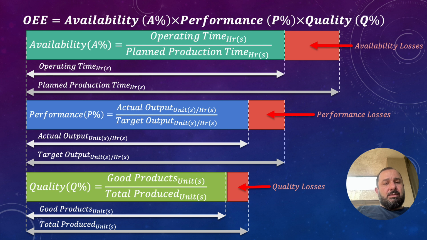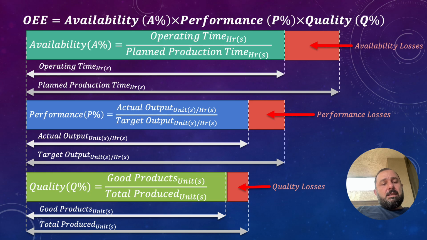All this affects performance. Coming down to quality, within this actual output that has come, in doing actual output units per hour during that time, how much I have produced is called total produced units, whether it's good or bad.